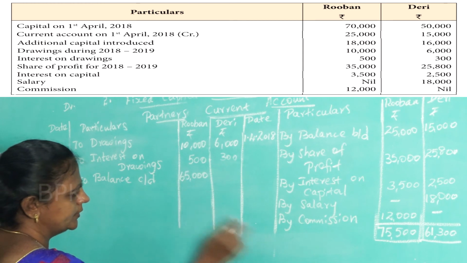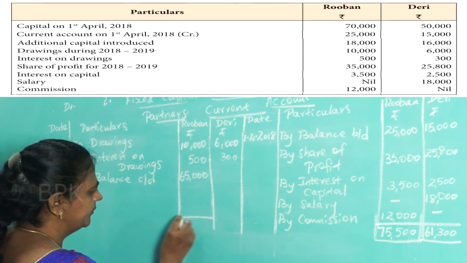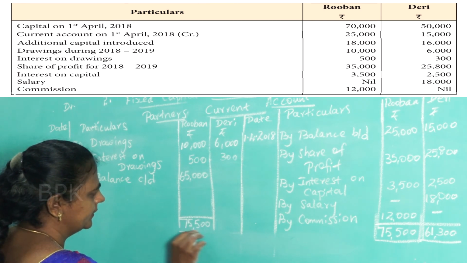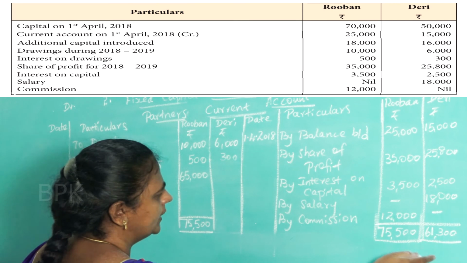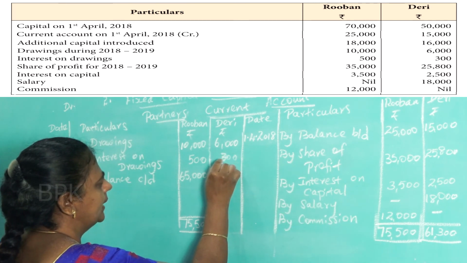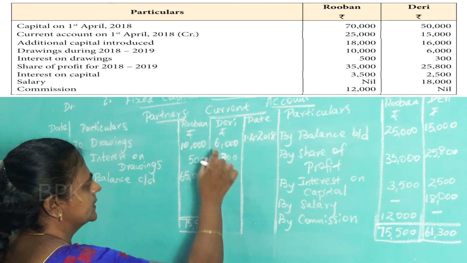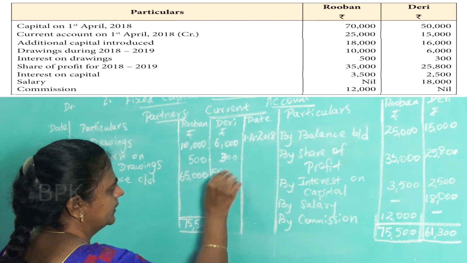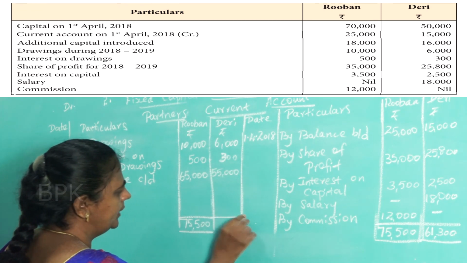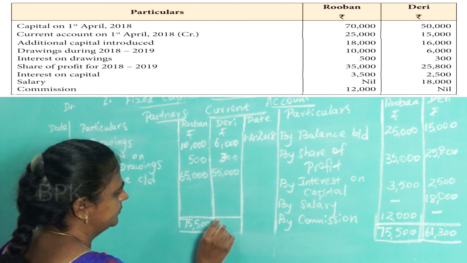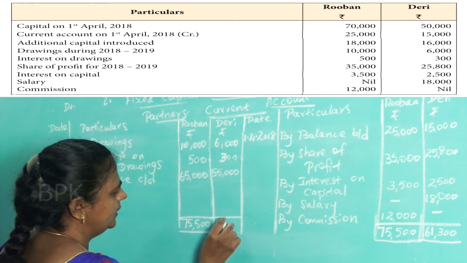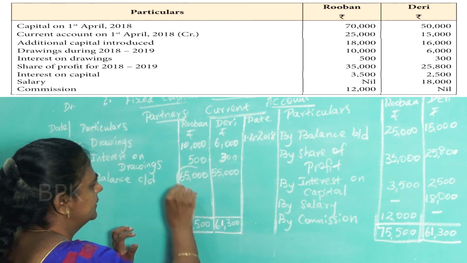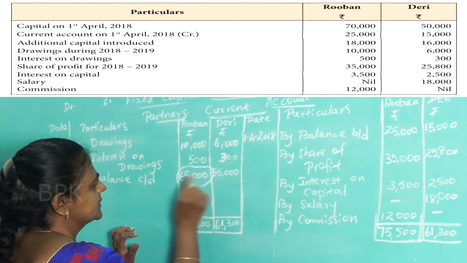So 65,000, put the total here, 75,500. Same way 61,300 minus this 6,300, that will give you 55,000. Okay, put the total here, 61,300. Put a circle for the balance, bring it down here.